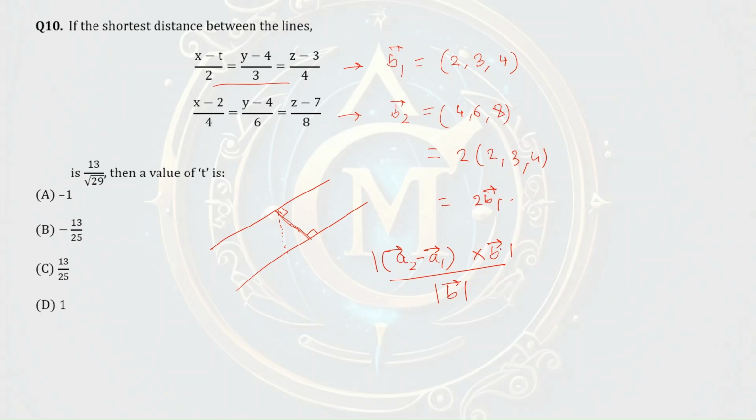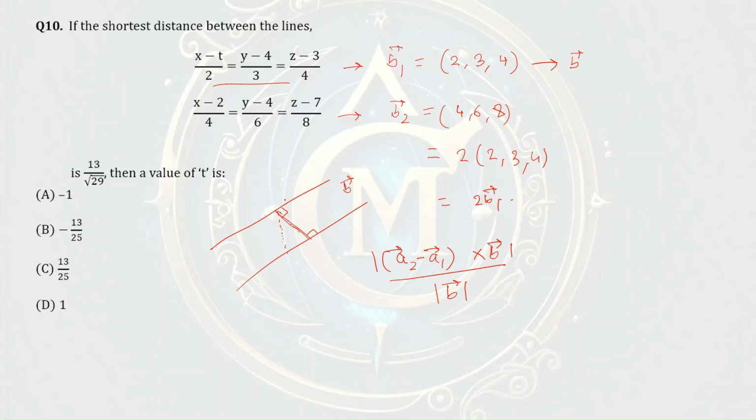We also take the modulus of the whole expression because we want to get a positive value out of it. And the b vector is the vector along both of the lines. So here b can be taken as this. So this is the b vector.